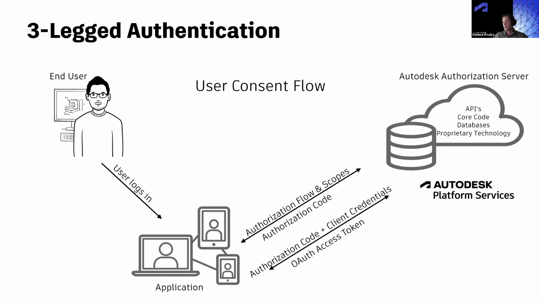Normally, it would be some project admin that has access to the majority of data, or even the account admin if we want to extend the credentials further. Three-leg flow is more secure because it requires user consent, and most Autodesk APIs require this type of authentication. Except for certain account admin API endpoints, the majority will have this three-leg authentication process.